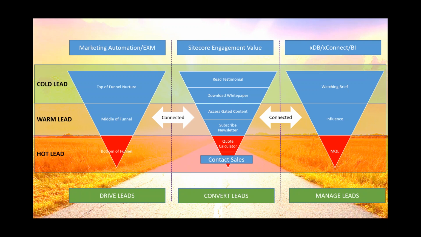So the way we view this, and this is a subset of a thing we call the revenue engine, is that all three of these things must work in symphony to give an orchestrated and measurable experience to the customer regardless of channel. So maybe I come into the website from a top of funnel nurture.